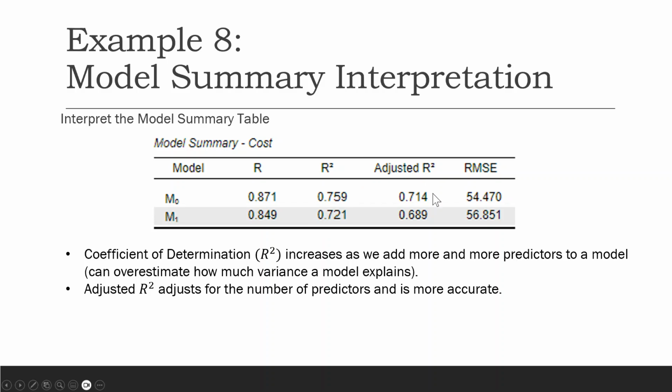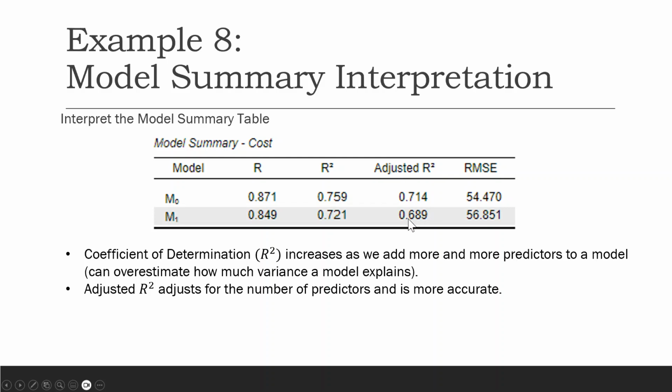So when we do multiple linear regression, we use the adjusted R squared. We do not use the regular R squared. The regular R squared is just the square of the correlation coefficient for simple linear regression. But this one we use for multiple linear regression.